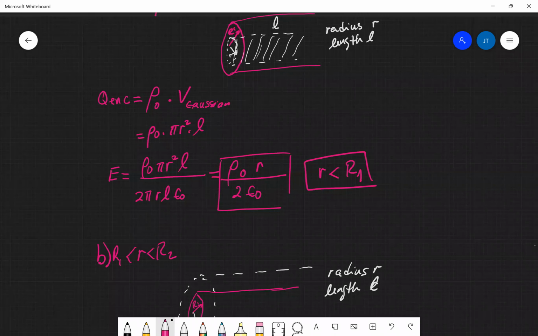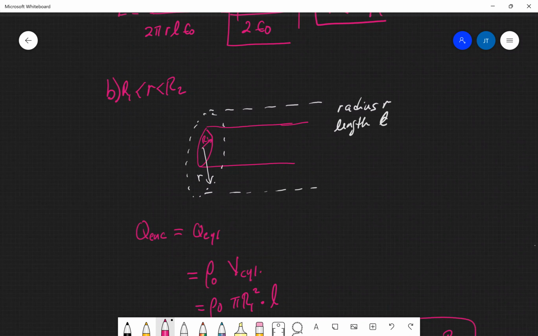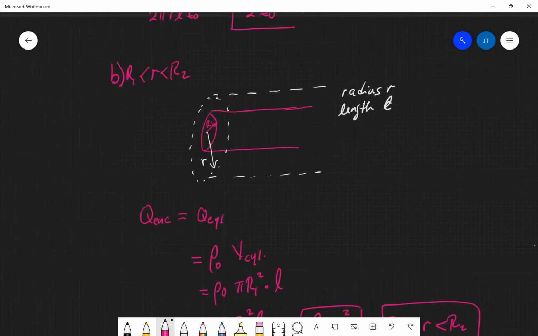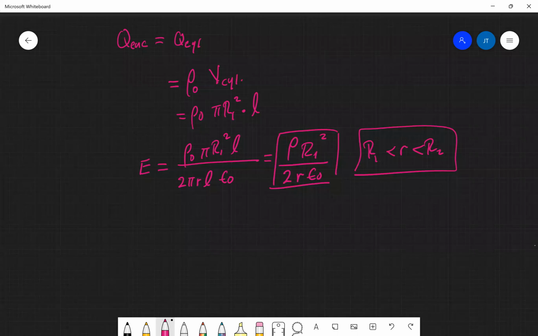When we are outside the cylinder, we don't know that there's a shell right above us. We're just outside the cylinder. So the farther away we go from that cylinder, the electric field will appear smaller and smaller. So this one diminishes as 1 over r, in other words, inverse of the radial distance, which makes sense.